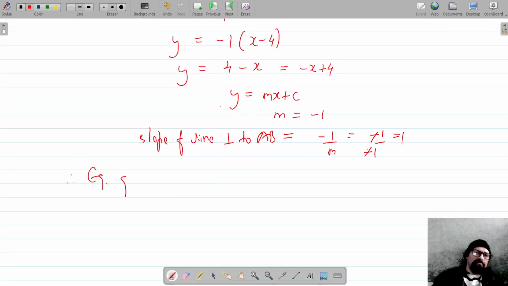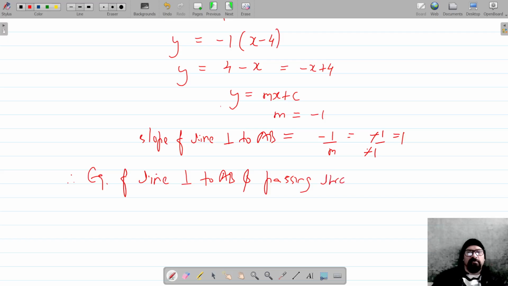Therefore, now the equation of the line perpendicular to AB and passing through P, whose coordinates are 1, 3.